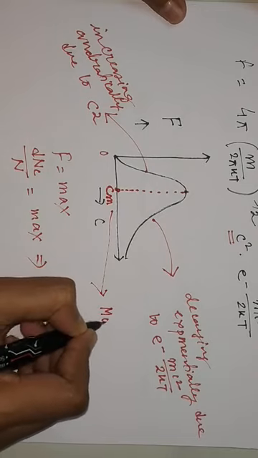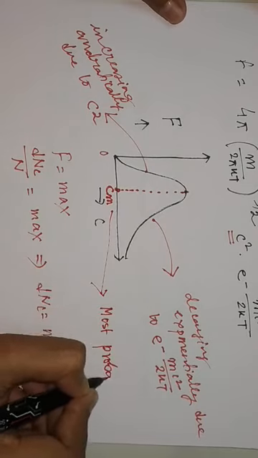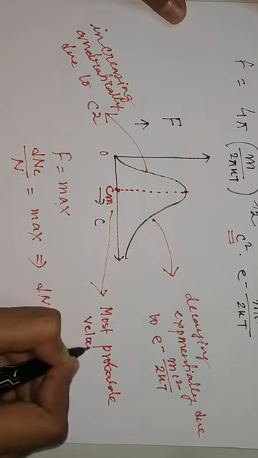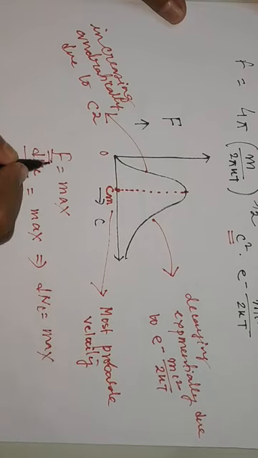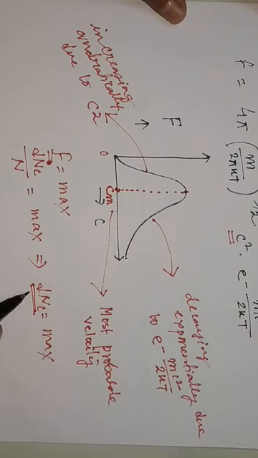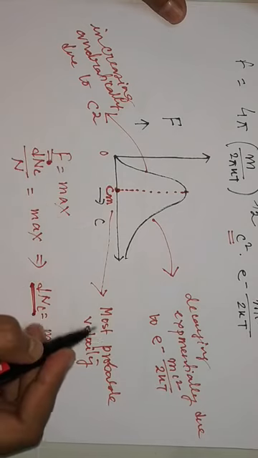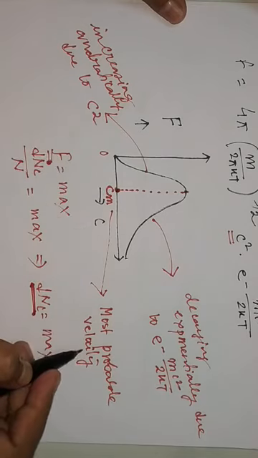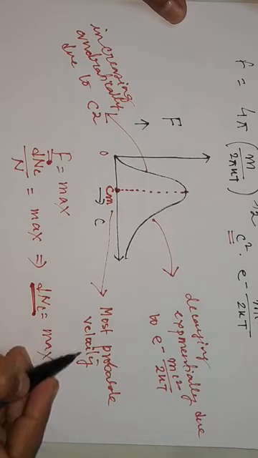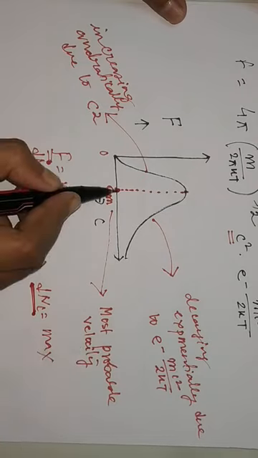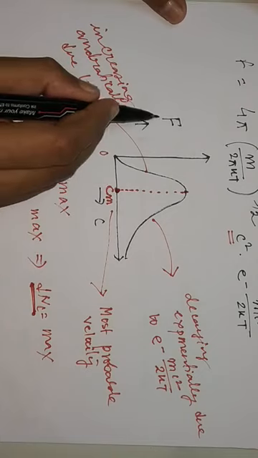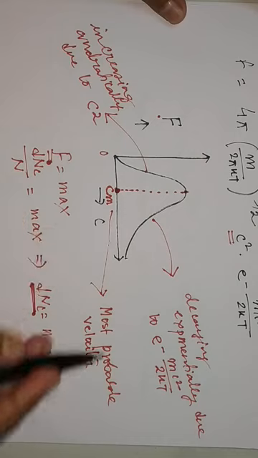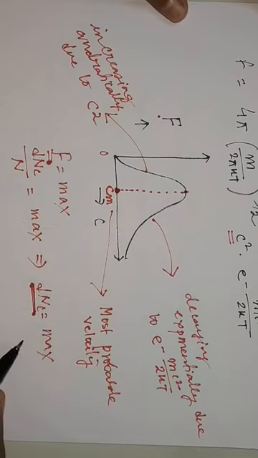This velocity is called the most probable velocity, for which the distribution function is maximum, or you can say the number of molecules is maximum. It means that in a system you will find that most molecules are moving with this velocity. That's why it's called the most probable velocity.